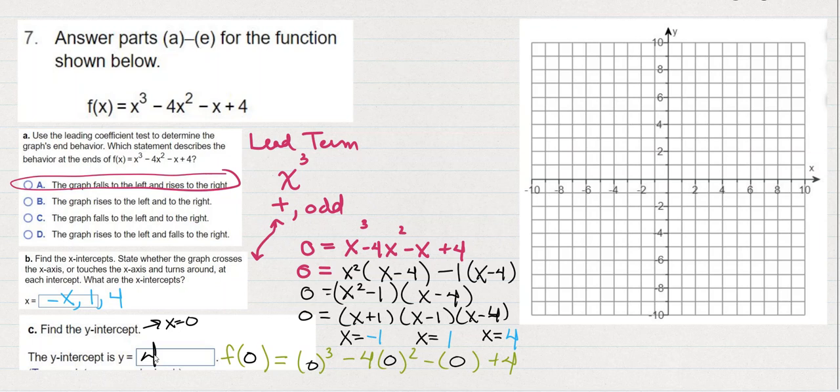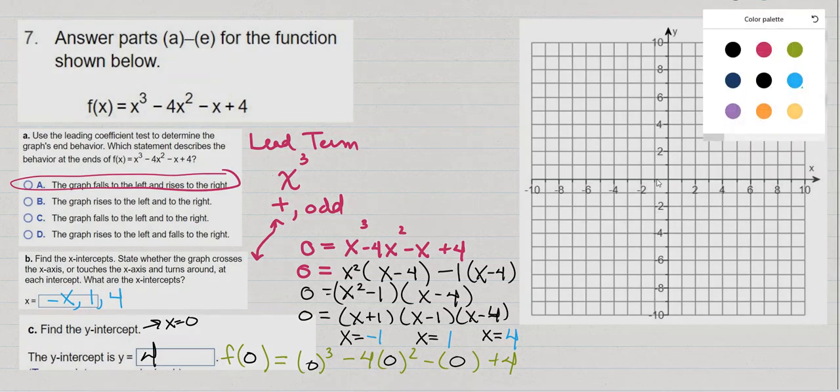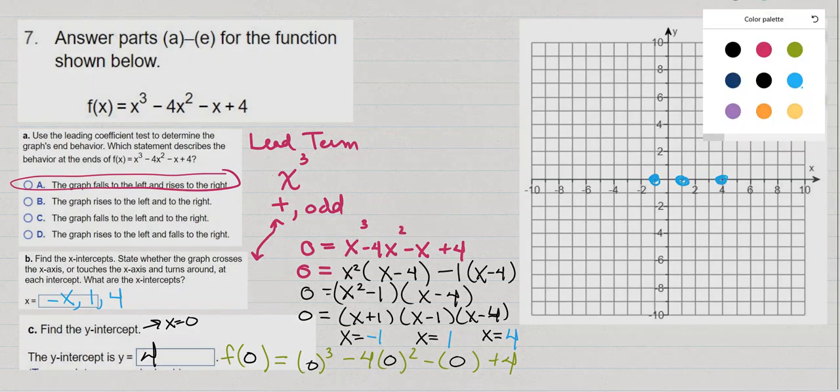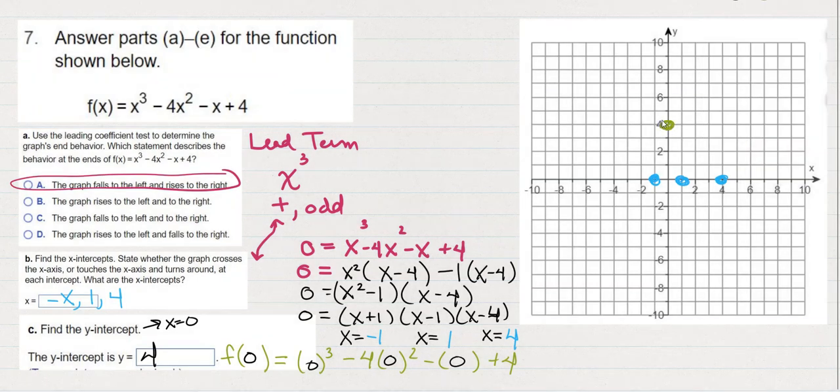If I graphed these points, x equals negative 1, x equals 1, and x equals 4, there's our x-intercepts. And then now we have our y-intercept, y equals 4. And I know that this graph starts up, oh, sorry, that's not how we determined it, right?